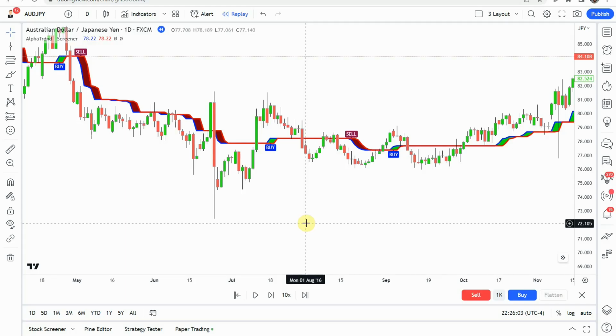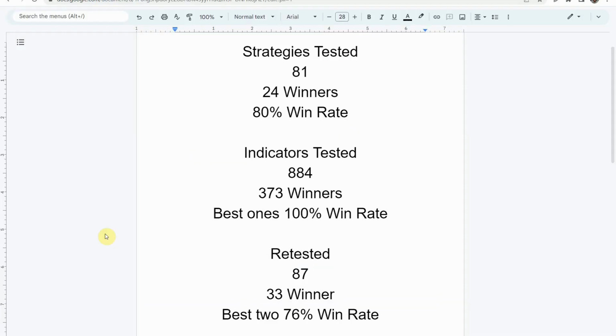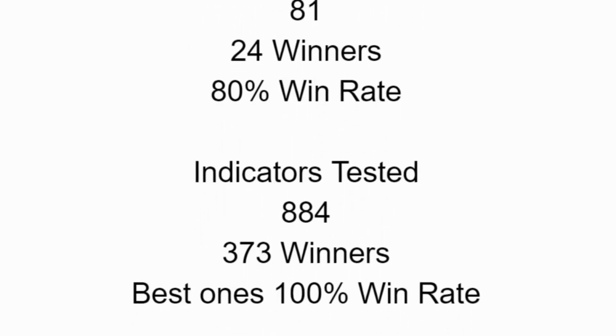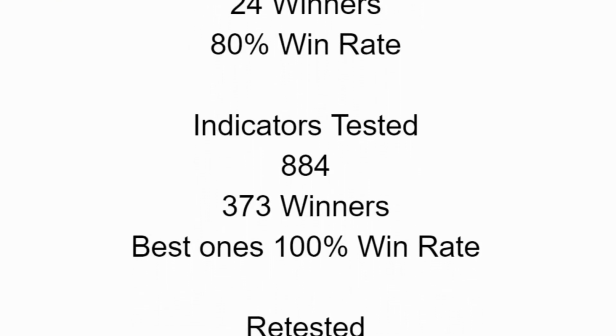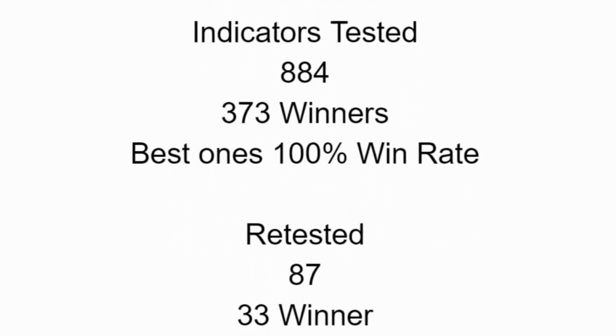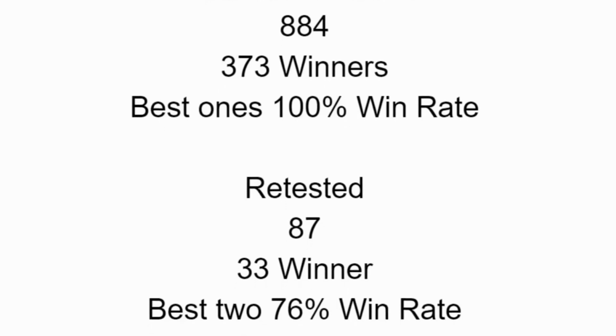Alright, as I said, today we will be testing the AlphaTrend indicator. Before we do though, I wanted to put the testing scoreboard up for everyone to see. So to date, we have tested a total of 81 different strategies. We've tested a total of 884 indicators, and we've tested a total of 87 indicators in the retesting stage.